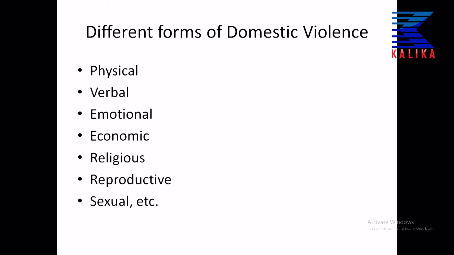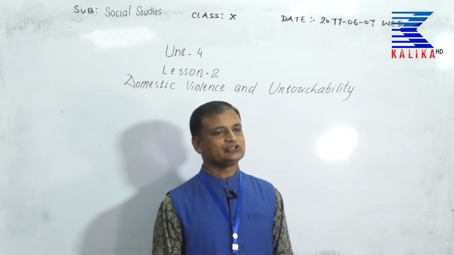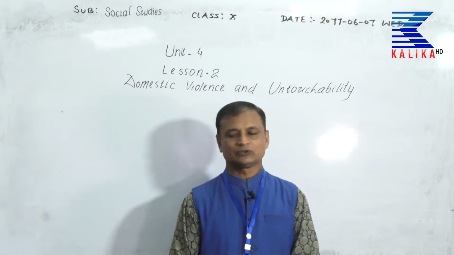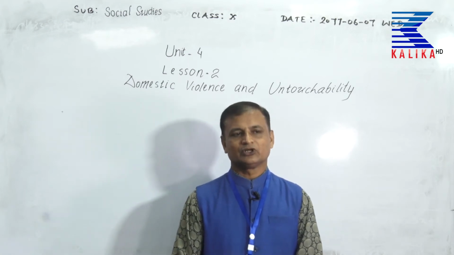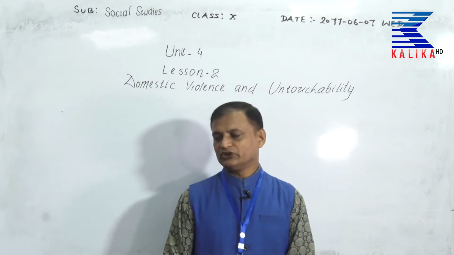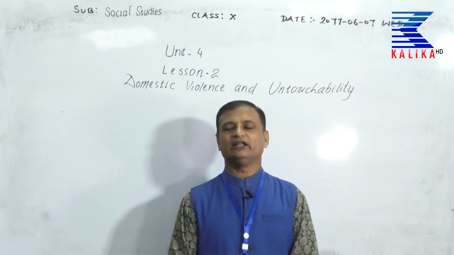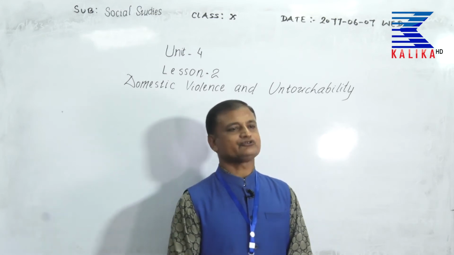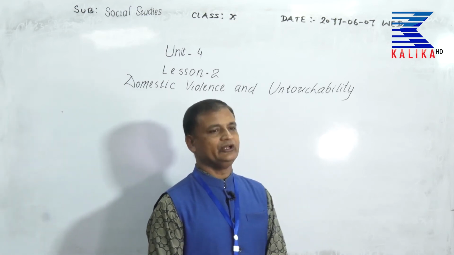You can see on the TV screen: physical violence, verbal violence, emotional violence, economic violence, religious violence, reproductive violence, or you can say sexual violence. It is better to understand what these different types of violence mean.